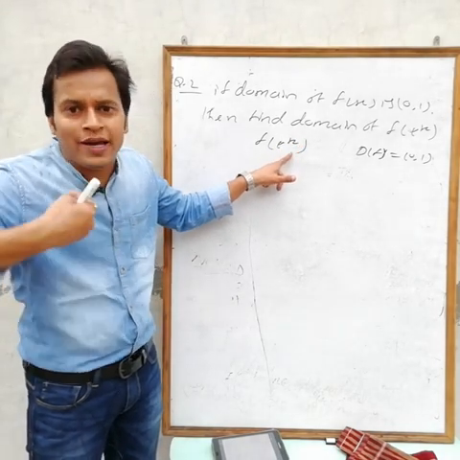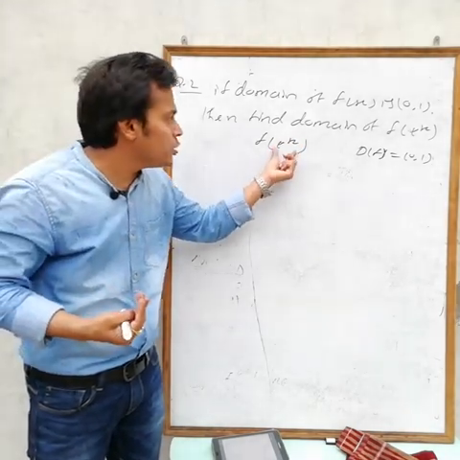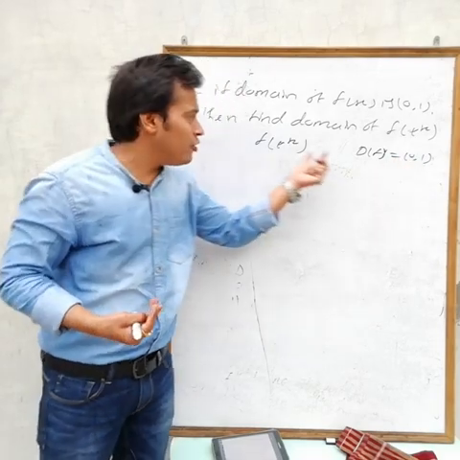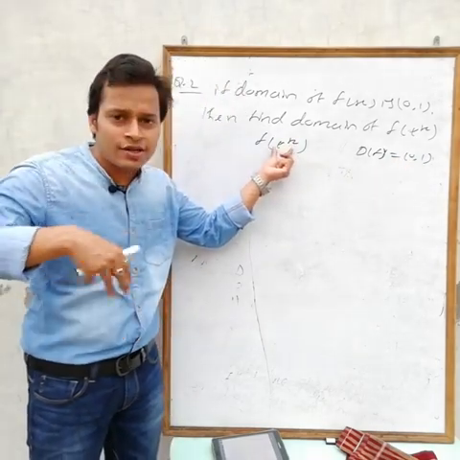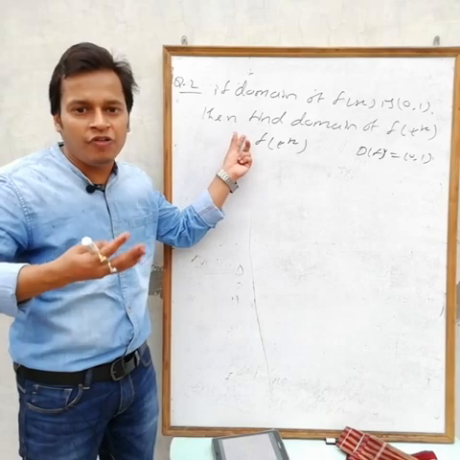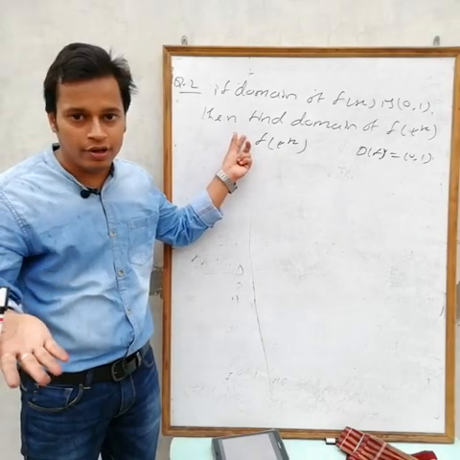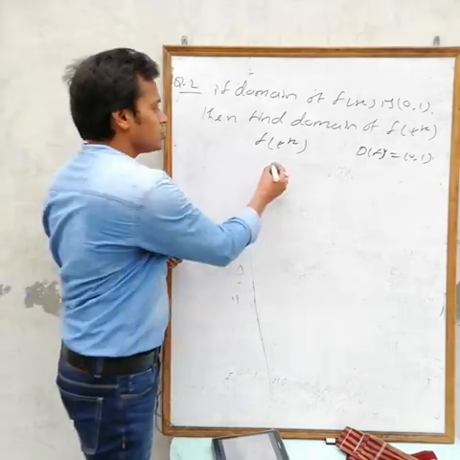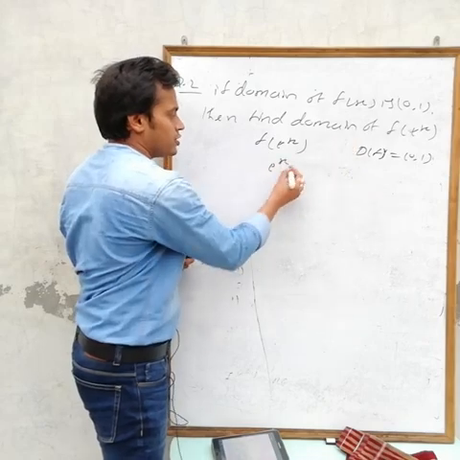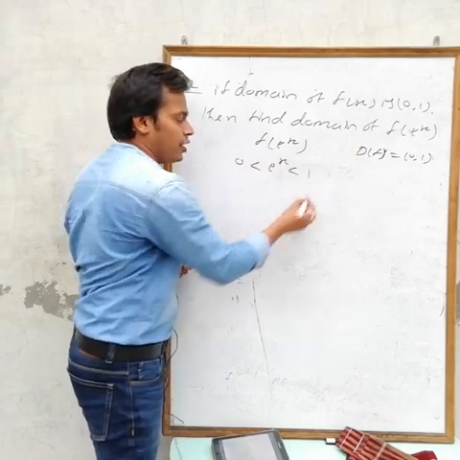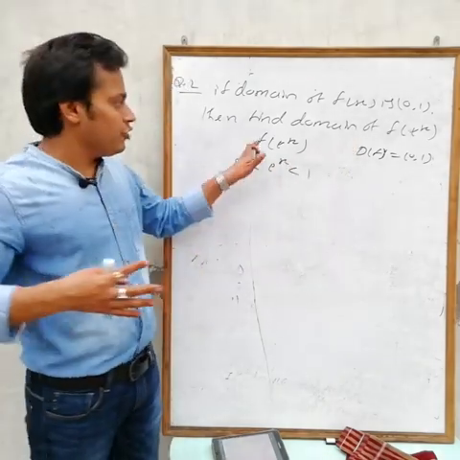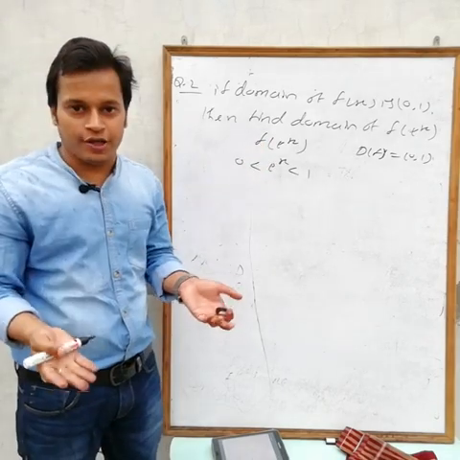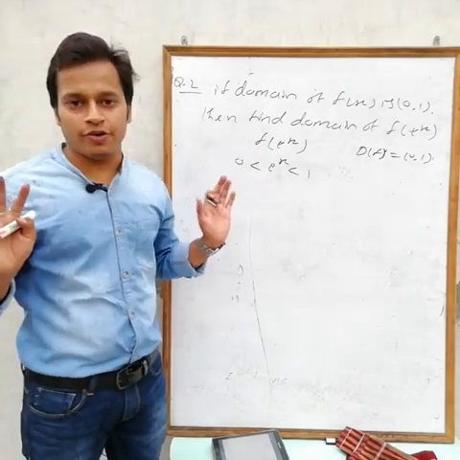It means you can't put any value of x such that this one is outside [0, 1], because if it is outside [0, 1], then f can't give you a value. So e power x must be between 0 and 1. But we want the domain of this function, meaning the value of x. So we want the value of x from this inequality.